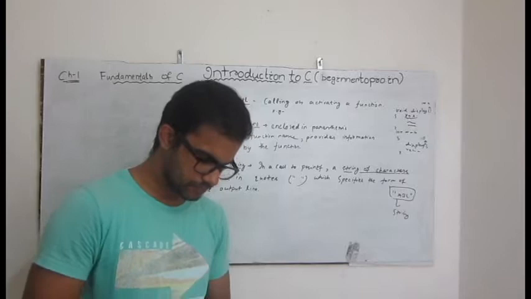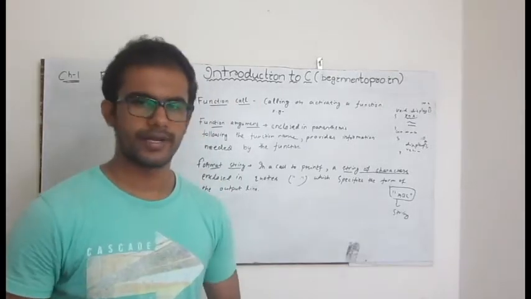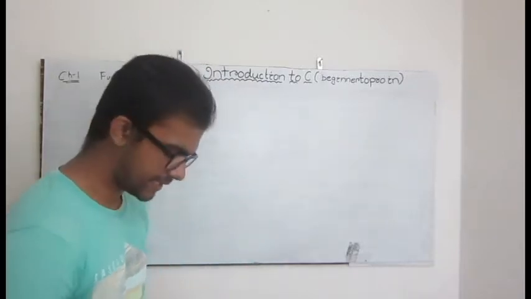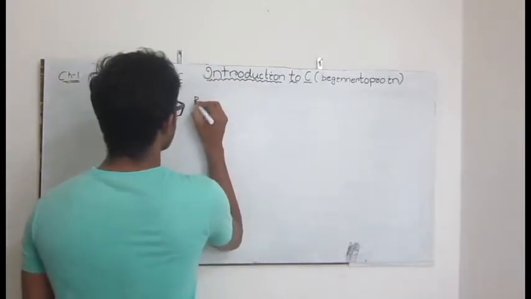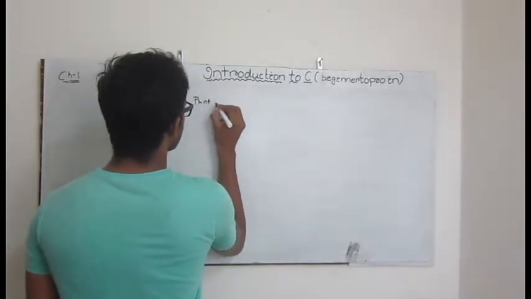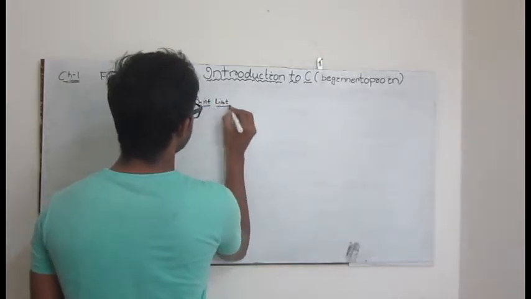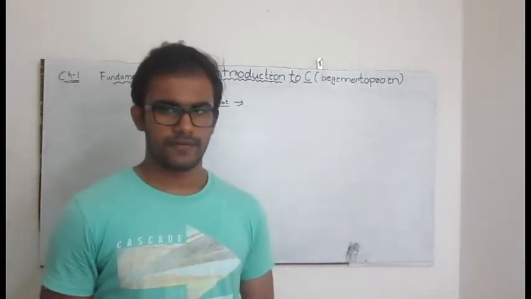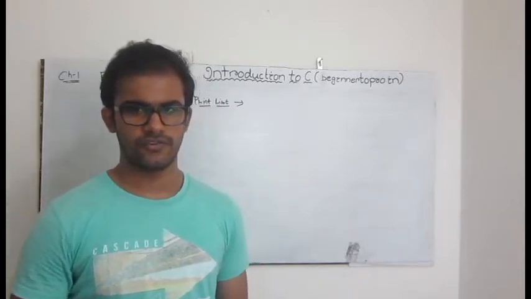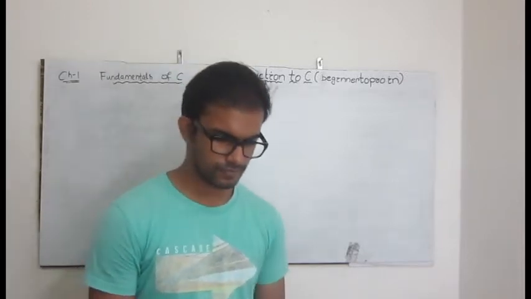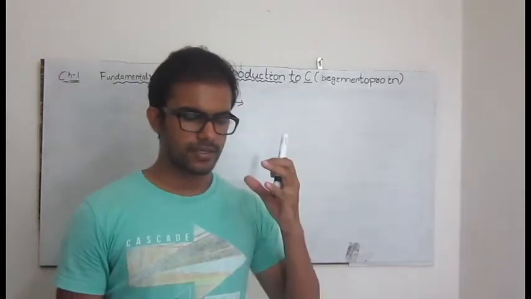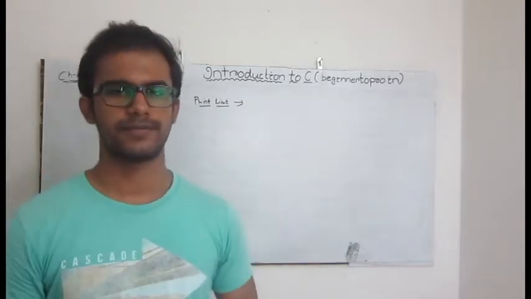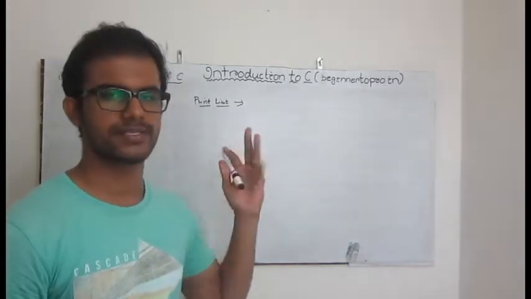So guys, let's move to our next topic. Our next point will be print list. What is this print list? In a call to printf, the variables or expressions whose values are displayed. Something we are displaying as a message to the user is just a print list.